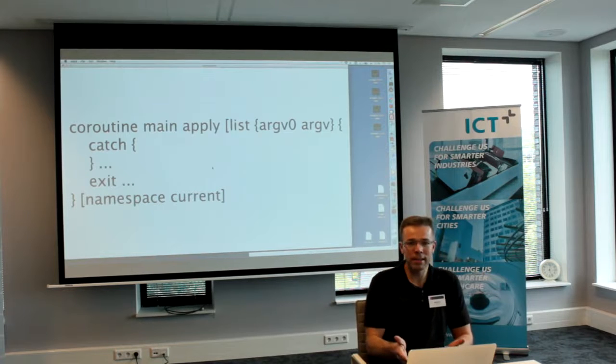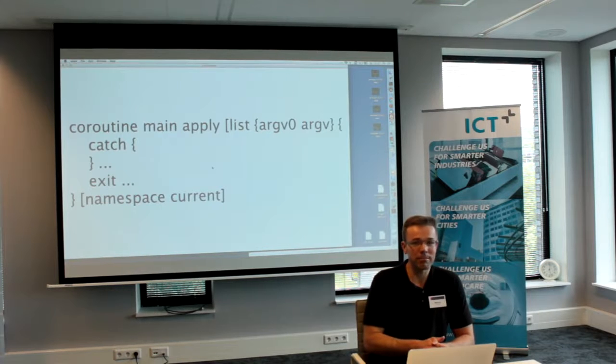If you write it like this, since you're in a coroutine context, if you were to call another command that wants to yield and assumes that it's in a coroutine context, it will work. If we were to just write proc main, as we're all used to doing, then any procedure which assumes that it's in a coroutine context is going to be incompatible, because it's not going to be in a coroutine context.